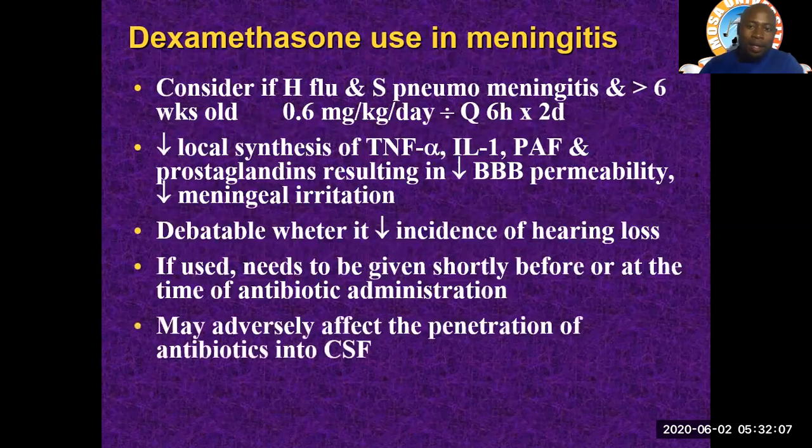Remember that there is inflammation here, so there are also steroids that we use. We can use dexamethasone in meningitis. We can consider it for Haemophilus influenzae and Streptococcus pneumoniae in those greater than 6 weeks old. We give dexamethasone at 0.6 milligrams per kg per day.